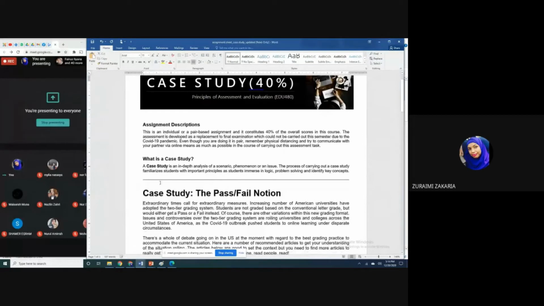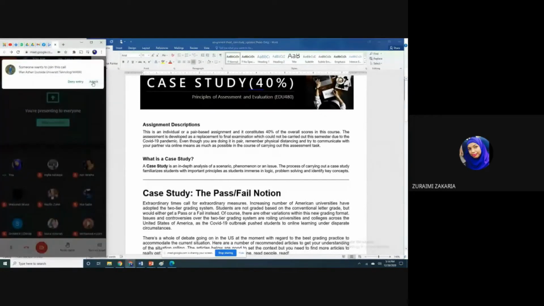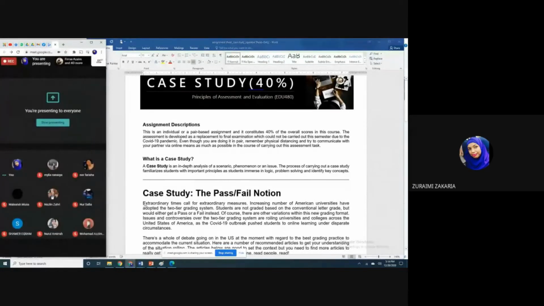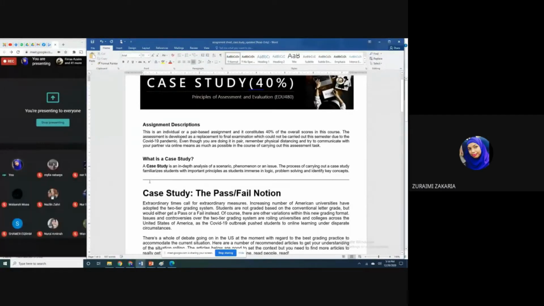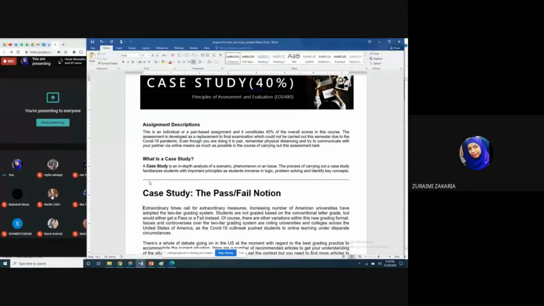Okay, and a lot of universities in America, in the United States are adopting this system now. So dia menjadikan pembelajaran lebih mudah sebab pelajar tak perlu bersungguh-sungguh untuk skor A sebab tak ada A, tak ada B, yang ada hanya pass saja.